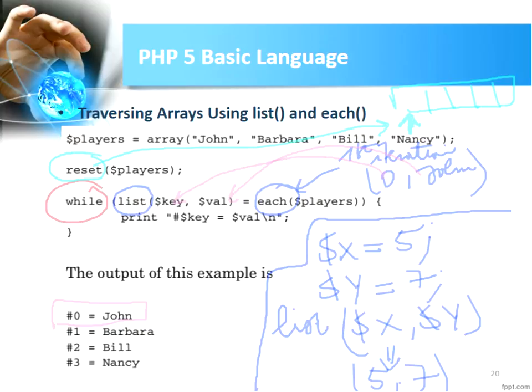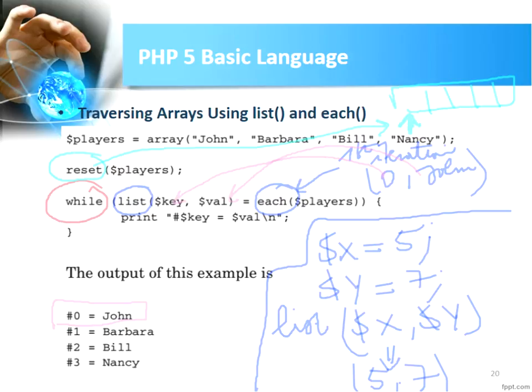Any questions about this slide? In this slide we use 3 predefined functions in PHP. The first one is reset, the second one is list, the third one is each. Reset sets the internal pointer of an array to its first element.